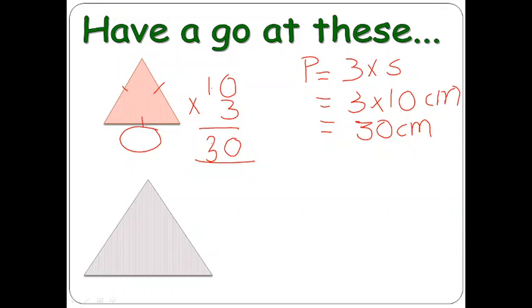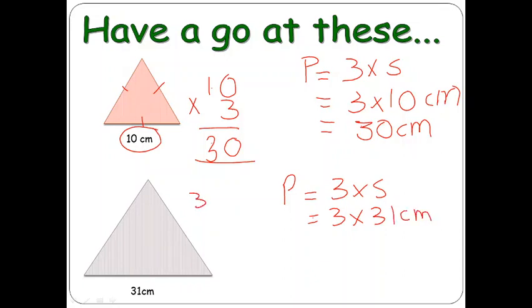Now for the next one, the length of a given side is 31. So we know that the formula is 3 times side length. What is the side length? 31 centimeters. So we have to multiply 31 with 3. How will you multiply?